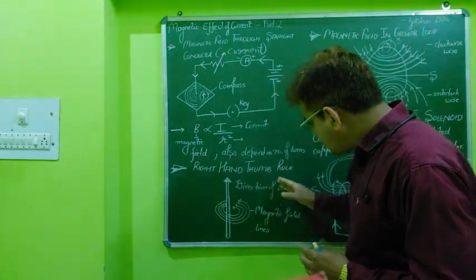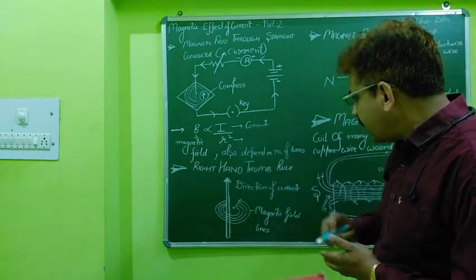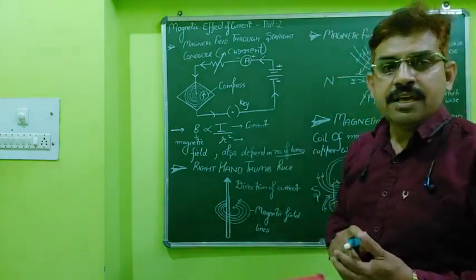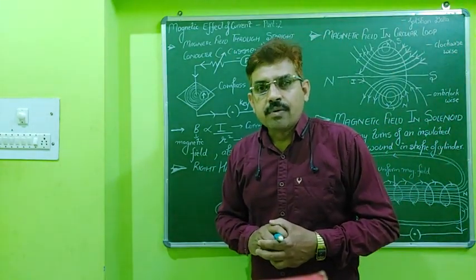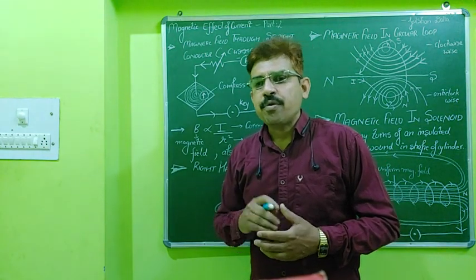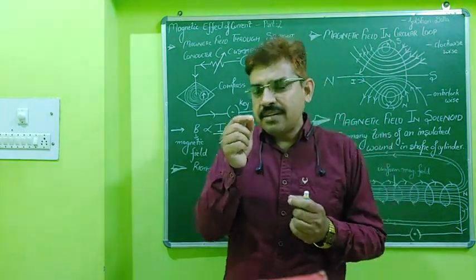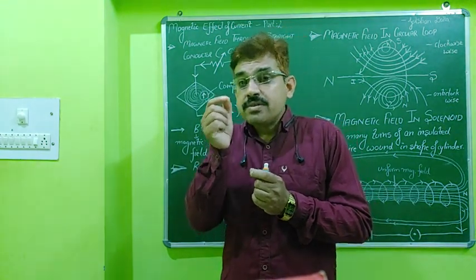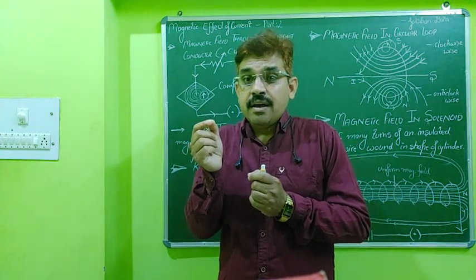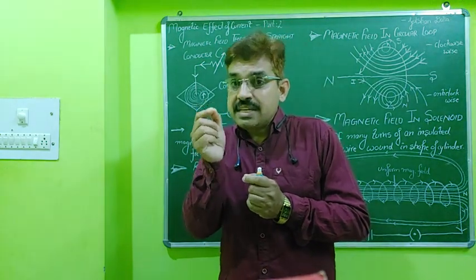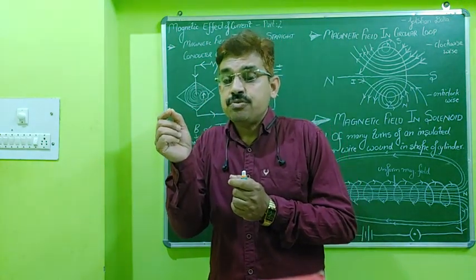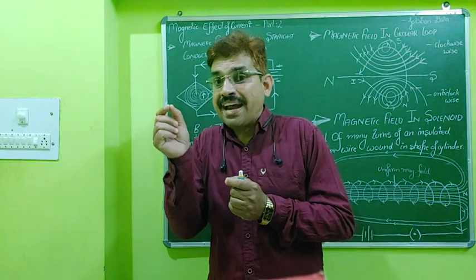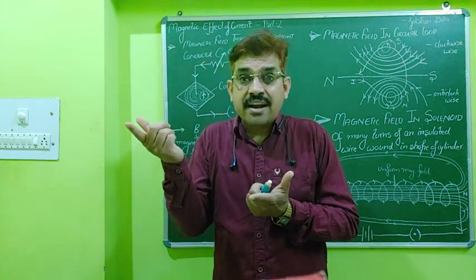And I also want to discuss that it also depends on the number of turns in the coil. If we increase the number of turns in the coil, the magnitude of the current will also increase, because in each turn the current is added. Current is simply additive in nature.